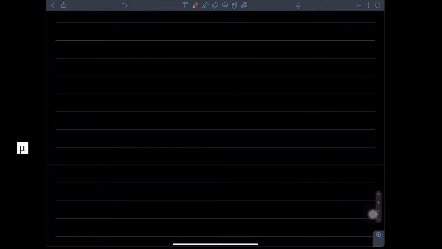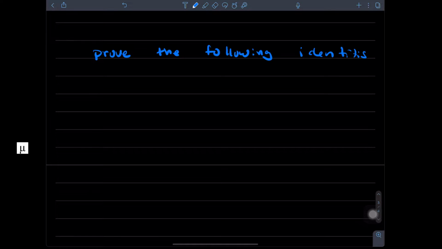So here's what we're going to start to do now. We're going to start to do what's called proving identities. As an example, they're going to say prove the following identities are true, and sometimes we say valid.